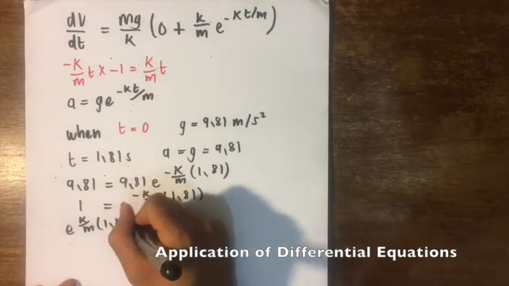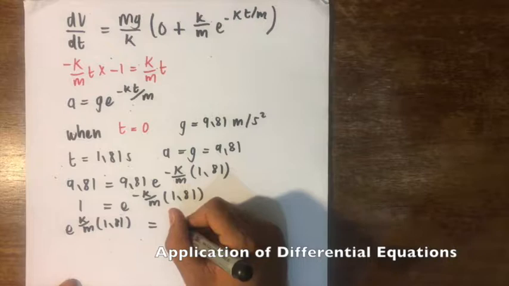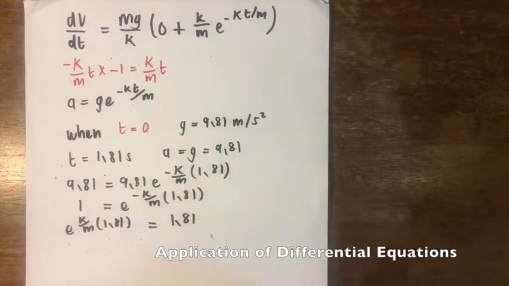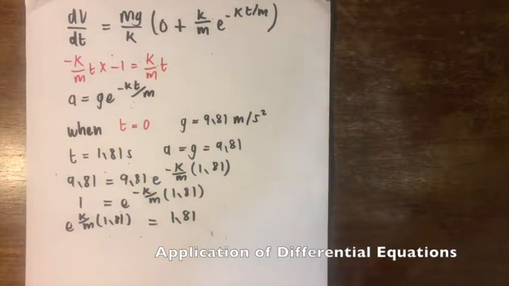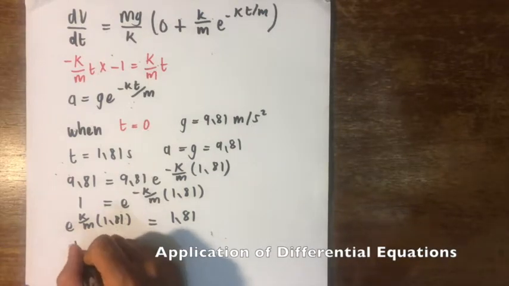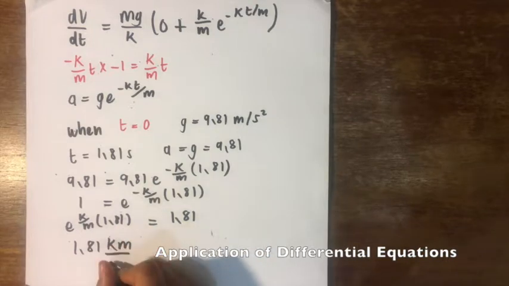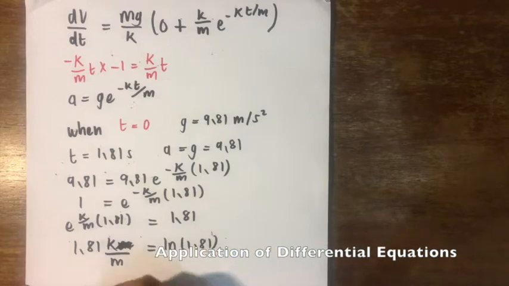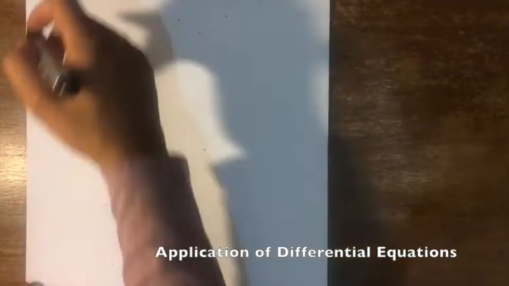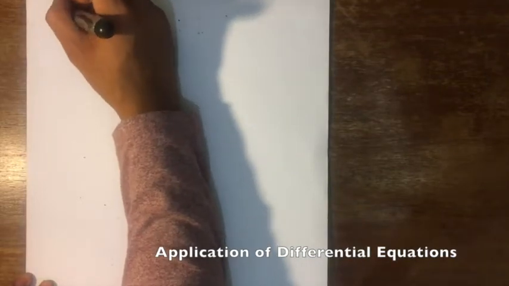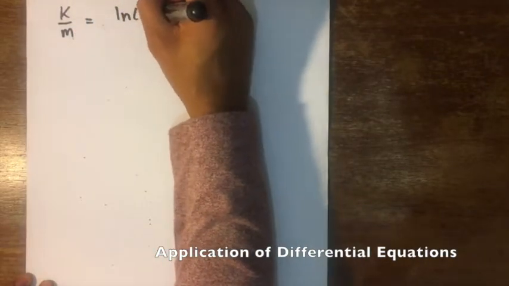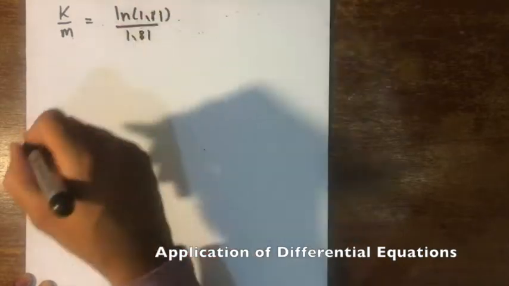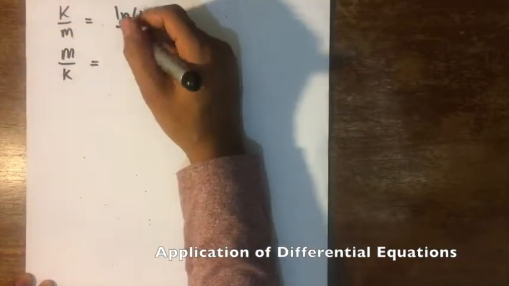To get rid of e, we introduce ln on both sides. We then get the ratio of k over m on its own by dividing both sides by 1.81. We then inverse both sides to get the ratio of m over k.